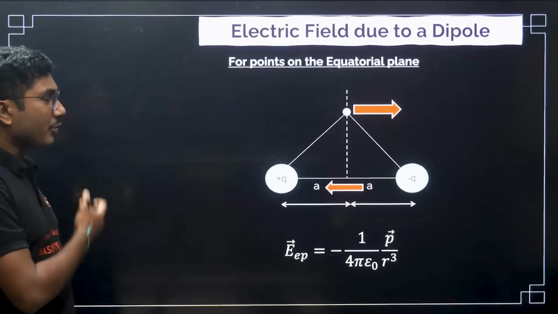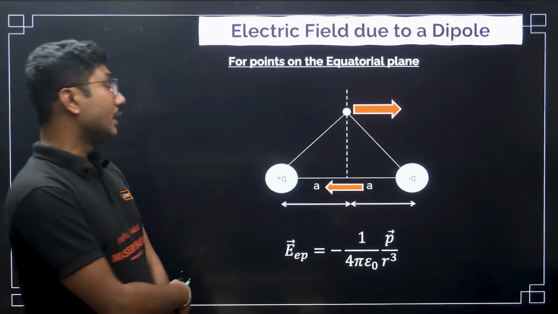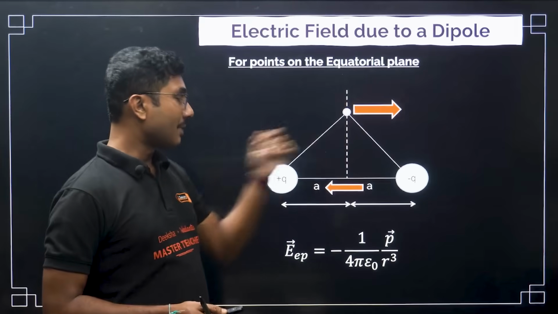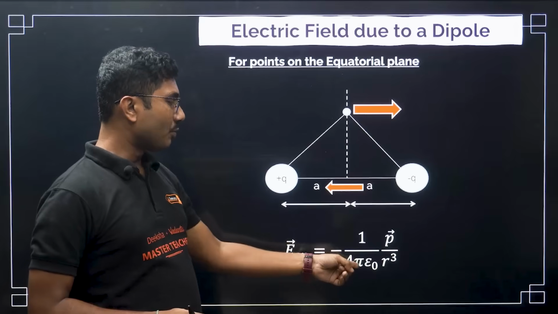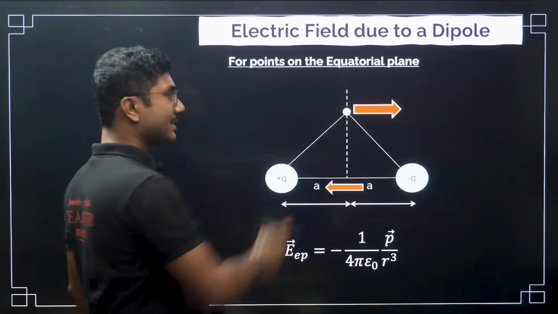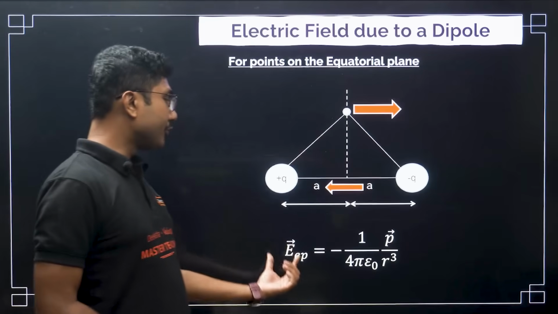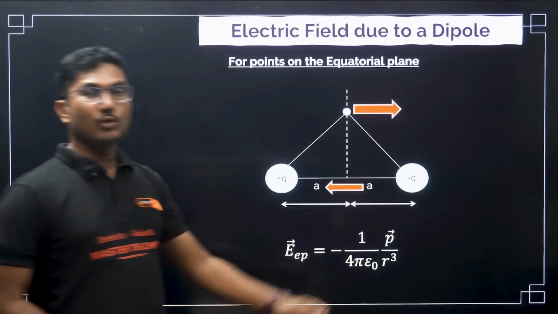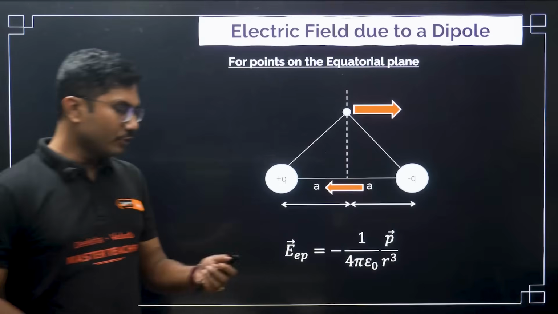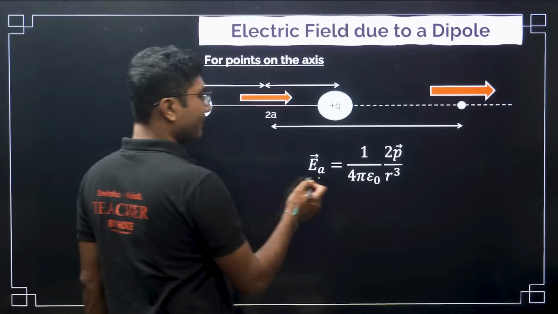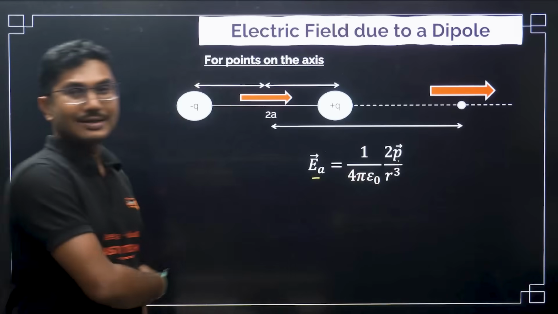And for the equatorial plane, electric field is given by minus 1 by 4 pi epsilon naught, p by r cube. So if you represent in vector notation, for the equatorial plane, the direction of the electric field and the dipole moment are opposite, whereas in the previous case the electric field and the dipole moment are in the same direction.